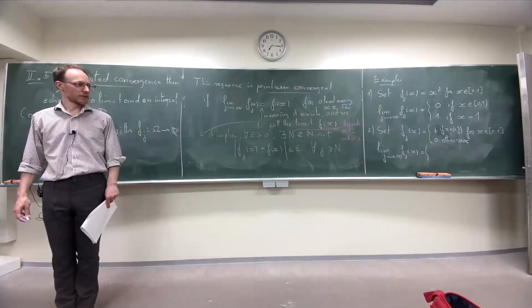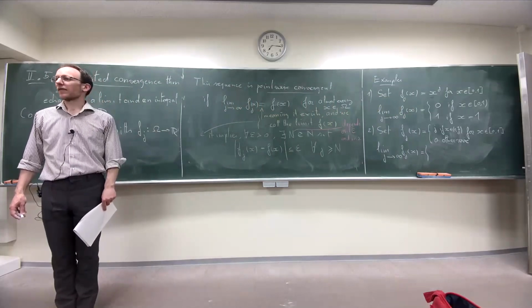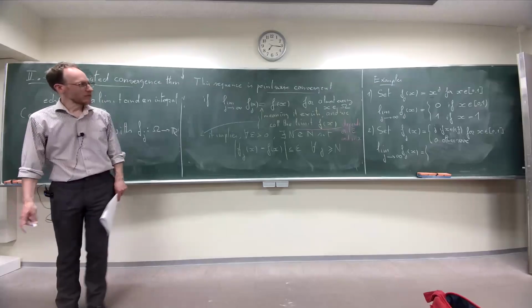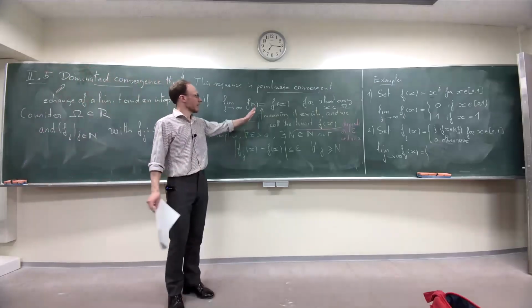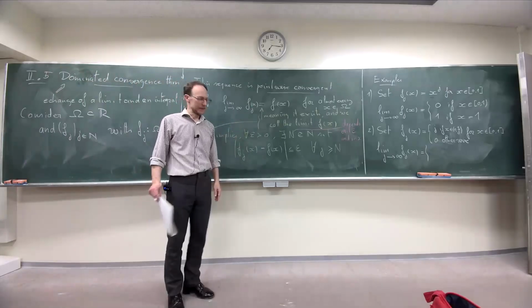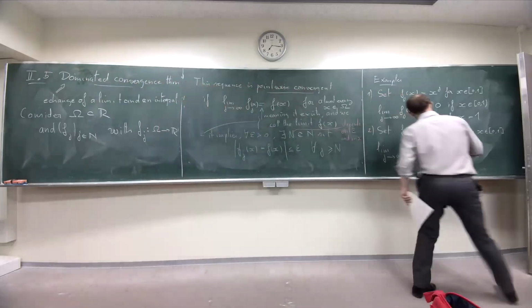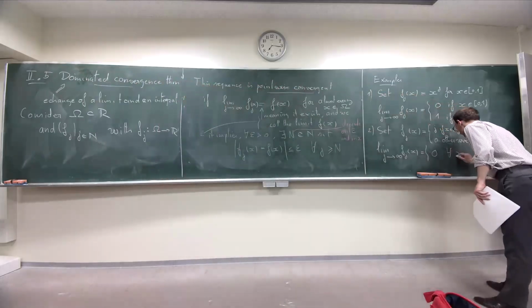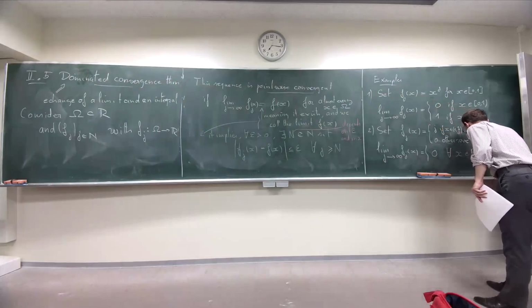The pointwise limit. Look at the definition. You fix an x and take j going to infinity. It's 0 everywhere. It's 0 for any x inside the interval (0,1).